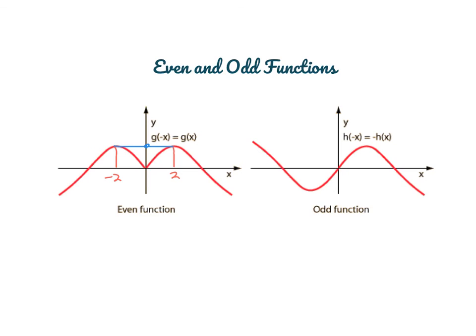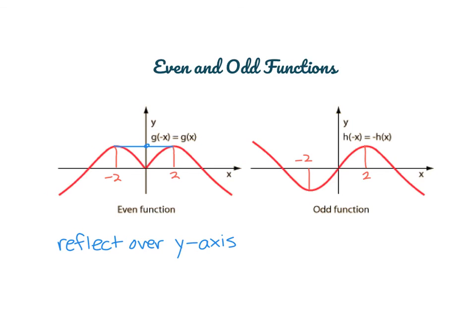Another way to describe even functions is that they always reflect over the y-axis. Now, odd functions, they follow this rule: h of -x equals -h of x. So again, imagine we have the same two values for x, but one is positive and one is negative.